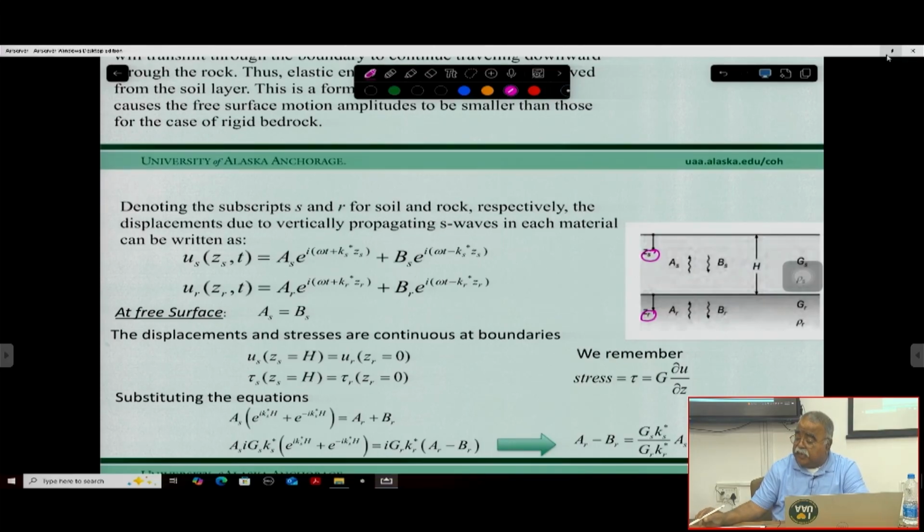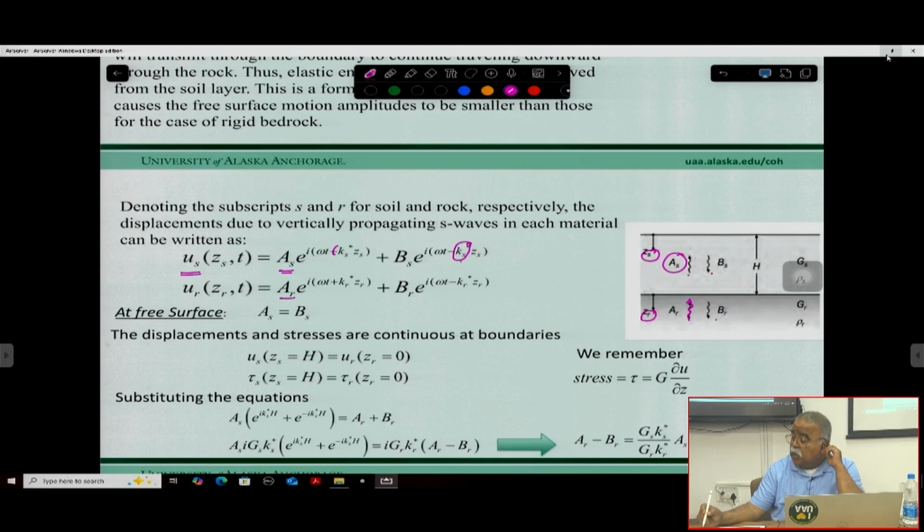So we have seen that in a damped case, the displacement in the soil is equal to some value A_S, because that's the amplitude, times e to the power i k z plus, because that is going up, and then B_S, that will be going down, so that will be this part of the equation. So U_S equals A_S plus B_S, and U_R equals A_R, which is going up on this side, plus B_R into this one, right?